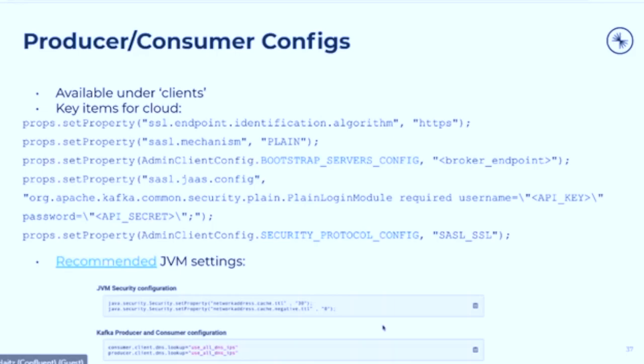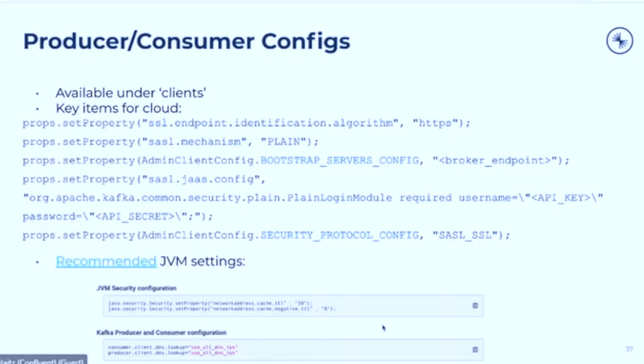Now, there are recommendations here related to the JVM that are important to be set for Java. That is simply related to the fact that the resources in the cloud typically change IPs, and we need to ensure that the caching of the DNS entries inside of the JVM matches the requirements of Confluent Cloud.